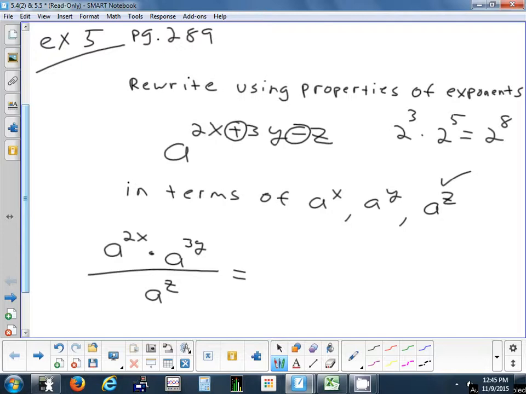No, not adding. Remember that? Do you move to the front, like 2a to the x? No, okay. Never mind. Well, I like the idea of moving things to the front. We're going to do that in a little bit, but not this one. When would you multiply two numbers together in your exponent?